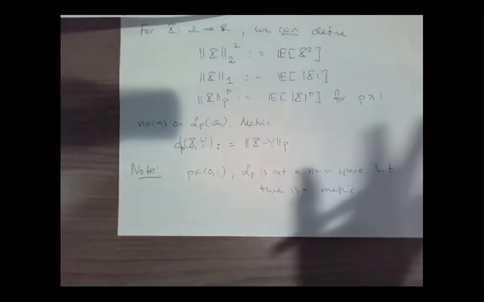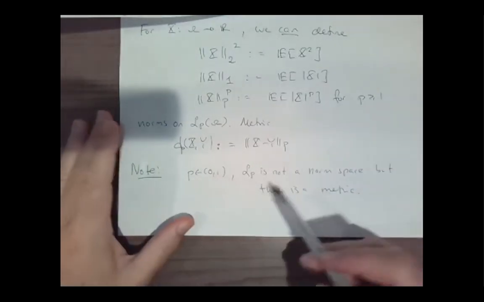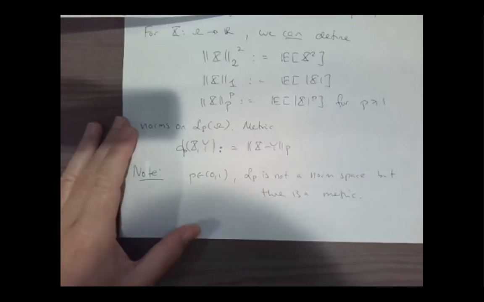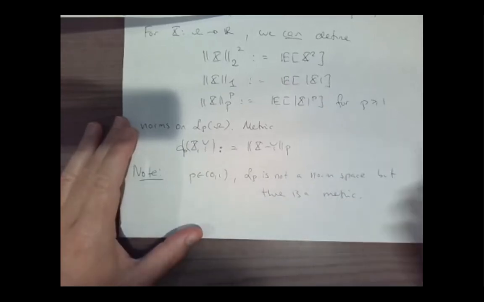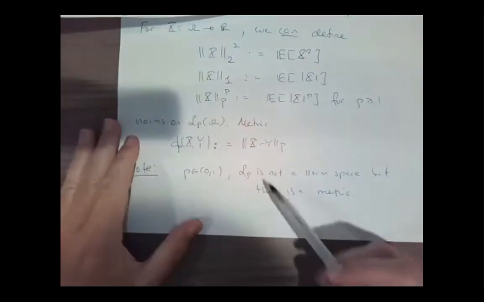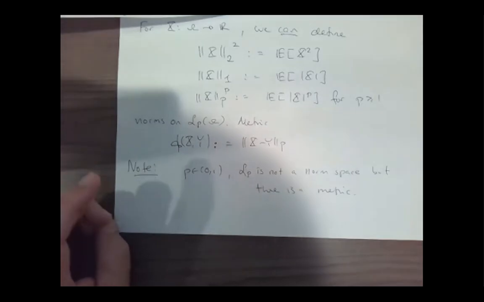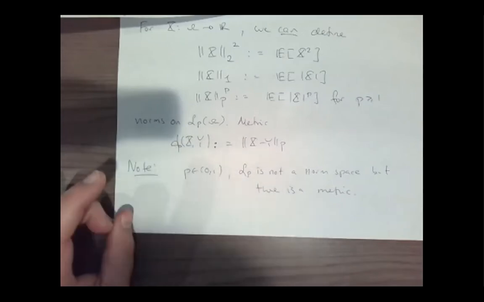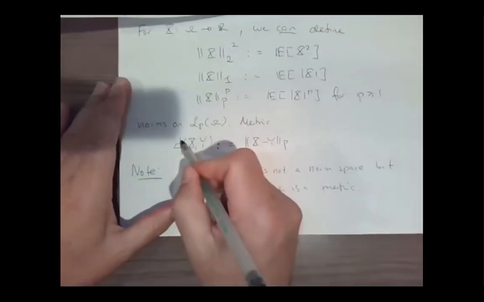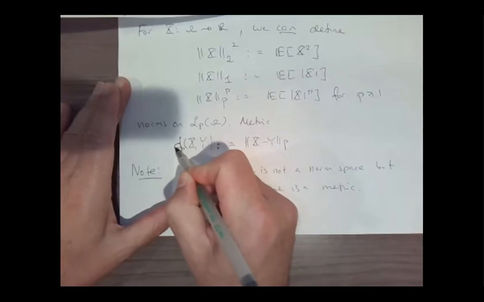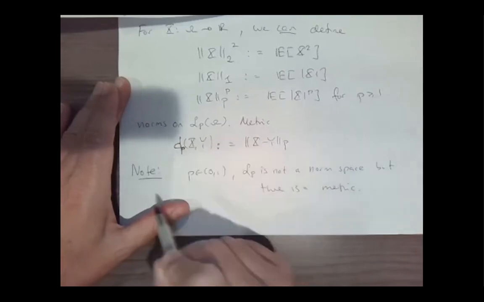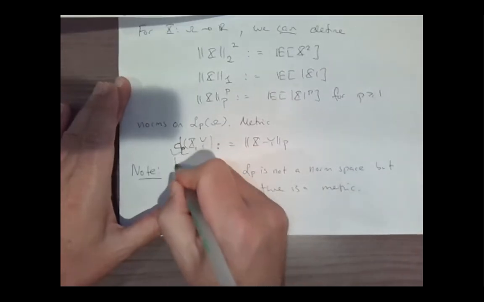And so being a normed space is much better. It's much finer to be a normed space than it is to be a metric space. This is d_p. This stands for distance.